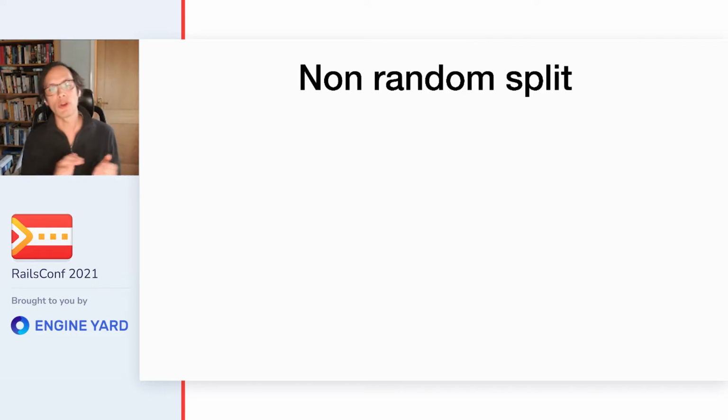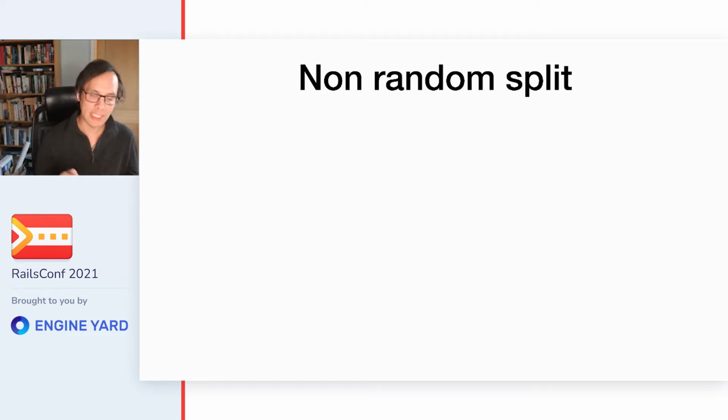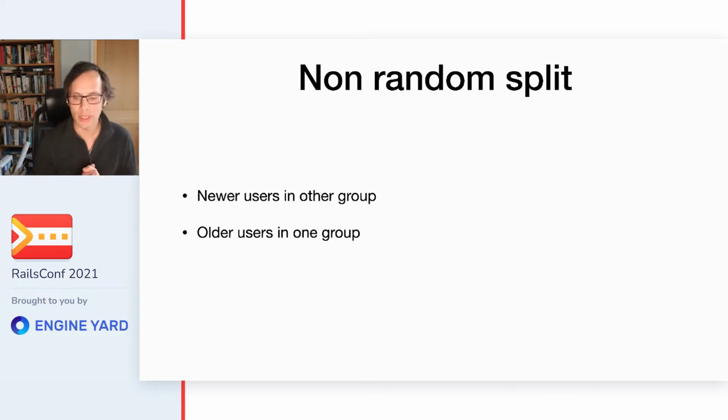Really, any kind of non-random split is going to be a very bad day for you. We once ran an A/B test, or we participated in one that was run by a retailer, and there were two groups, and they weren't random. There was a strong bias to them. The newer users were in one group, and the older users were in another group.